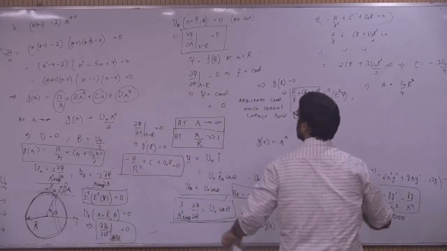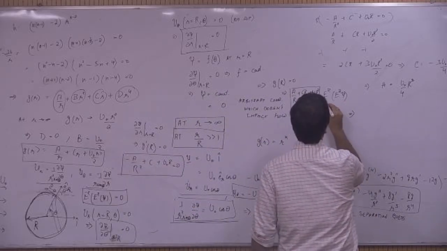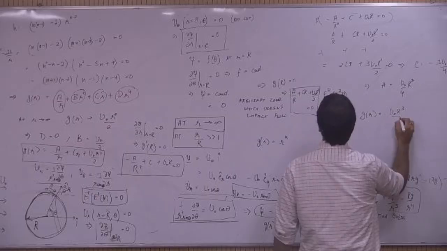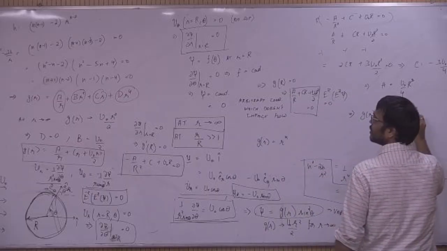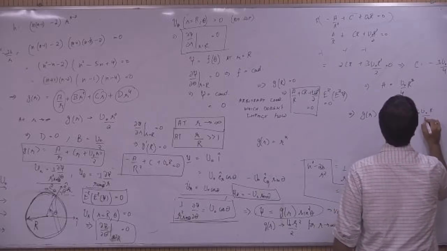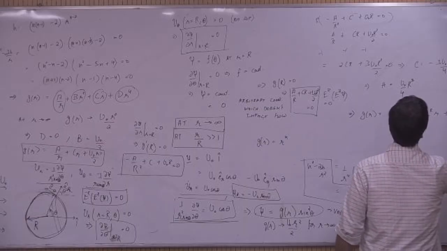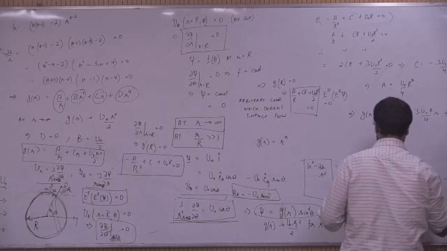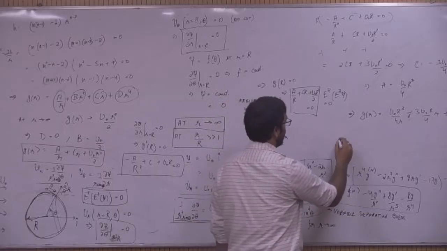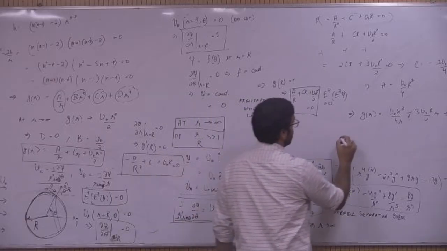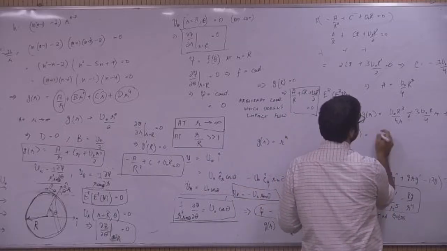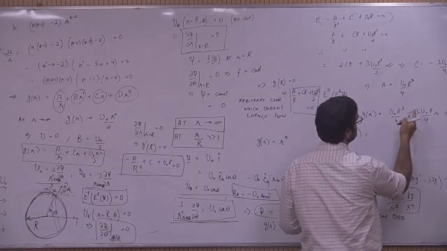So we have found this G of R. G of R is nothing but U naught R cube by 4 r plus minus 3 U naught R by 4 small r plus U naught R square by 2. And so we have found basically our psi r comma theta. So I can choose to write it by taking this U naught R square common outside.